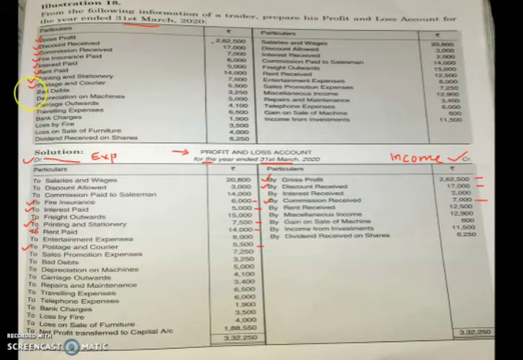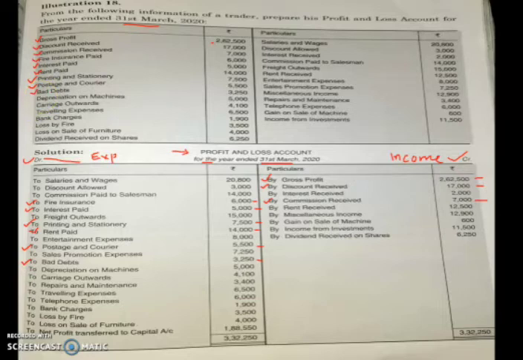Next is bad debts. Bad debts means the amount which we will not recover from the debtor, so that will be recorded on the expenses or loss side. You have sold the goods on credit and now the debtor is supposed to give us the cash, but if any of the debtors is unable to pay the payment of that credit sale, he will be declared as bad debts.